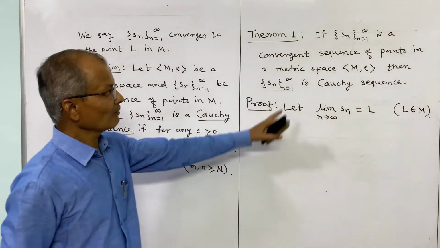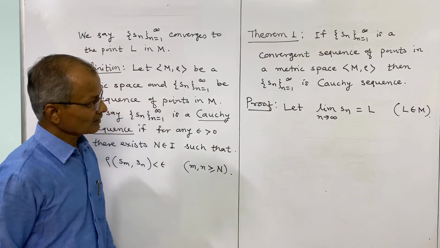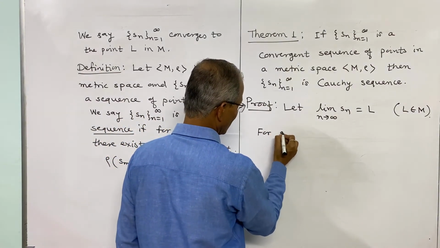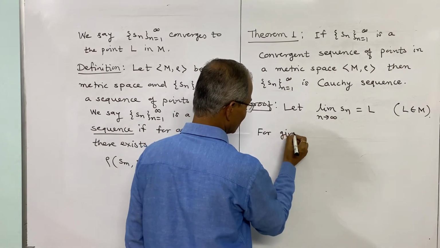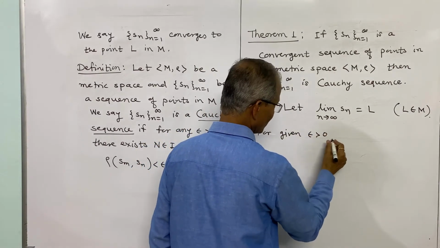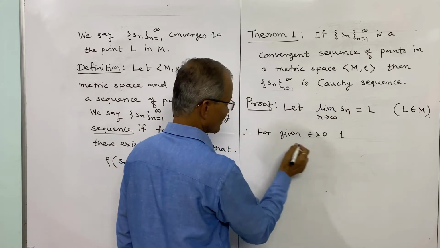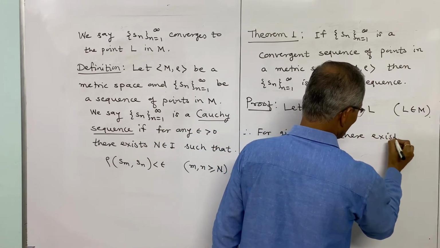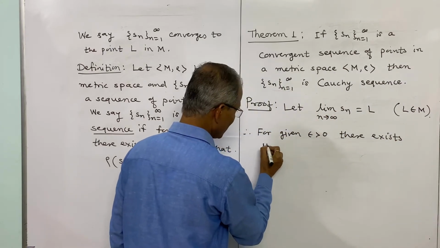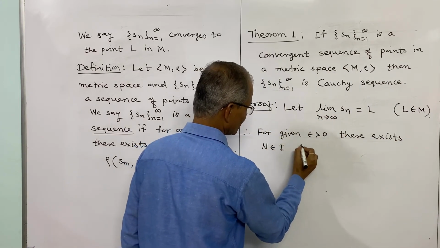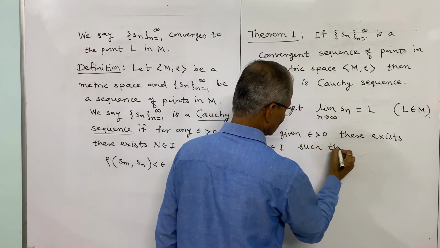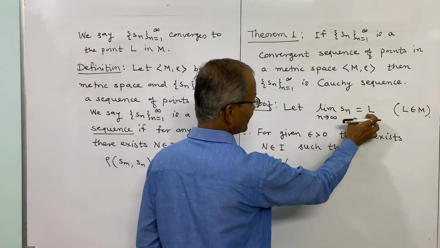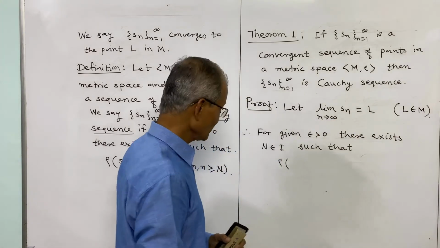By the definition of convergent sequence, this means for given epsilon greater than 0 there exists capital N belongs to I such that rho of the distance between Sn and L is less than epsilon.